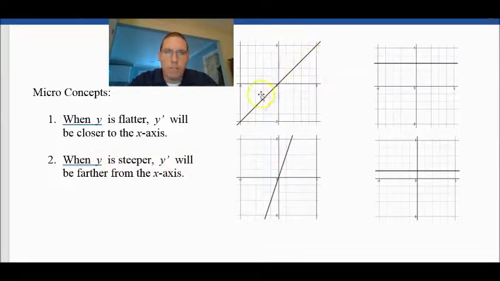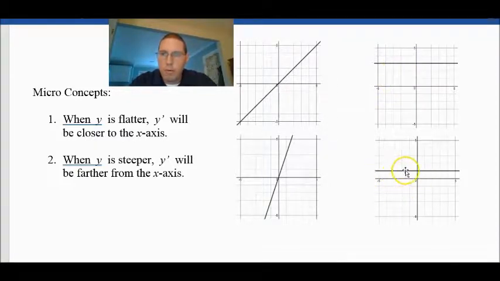Well, is this one flatter or is it steeper compared to this one? This one right here is steeper, and this one is flatter. Therefore, the derivative of the flatter one should be closer to the x-axis. Here's the x-axis in this one, and here's the x-axis in this one. Is this graph closer to the x-axis or farther from the x-axis as compared to this one?